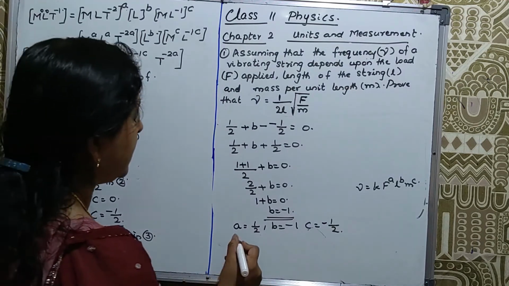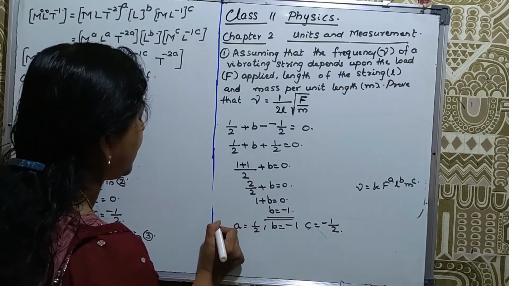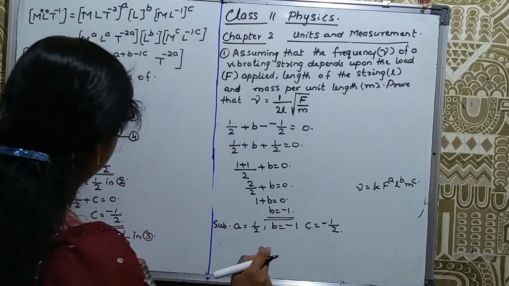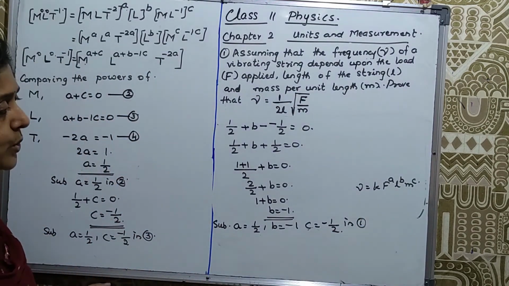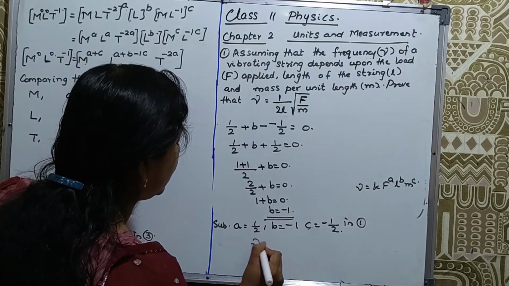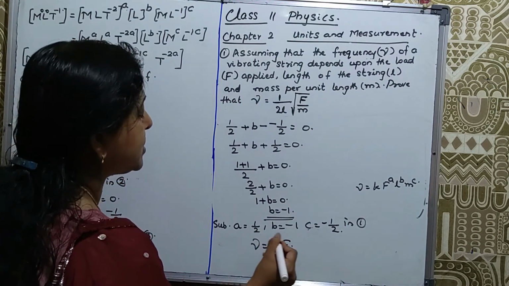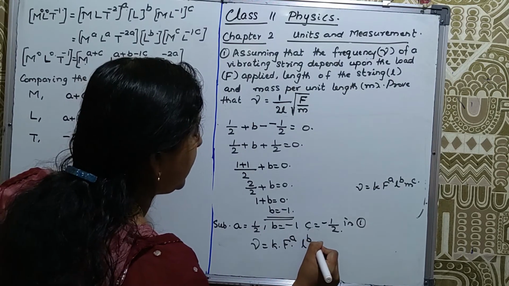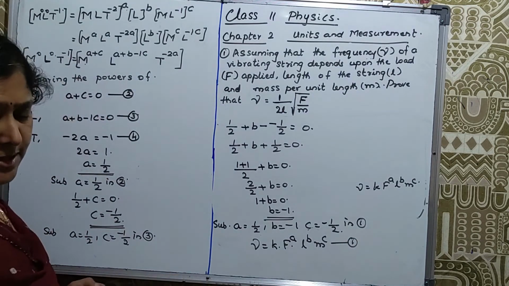Substituting a equal to half, b equal to minus 1 and c equal to minus half in equation number 1.